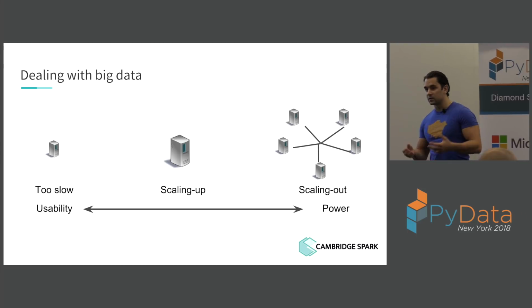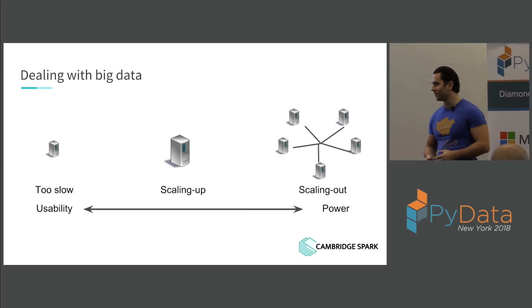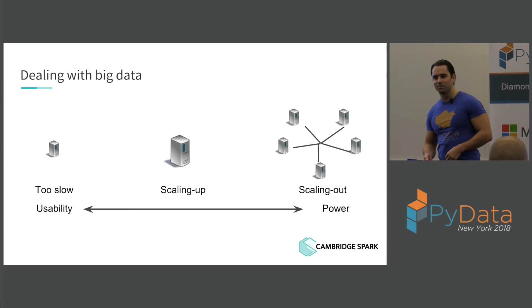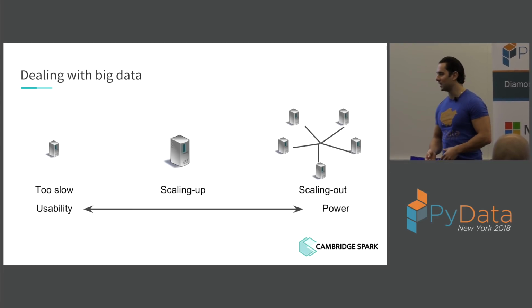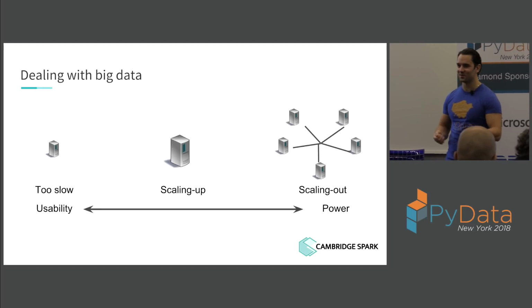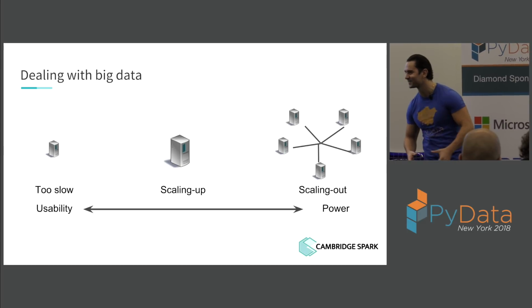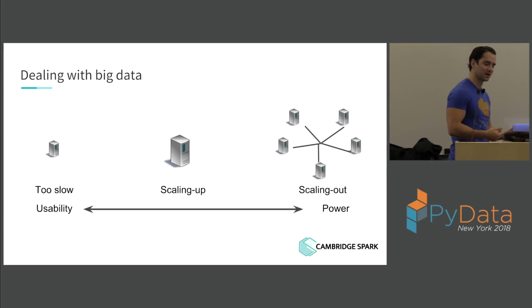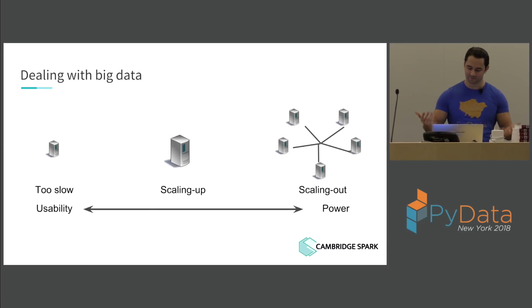However, it's a lot more complicated to deal with a lot of machines as opposed to one. So the classic business intuition, if you're managing a team, often it's easier to work on your own than with 10 people, right? Suddenly you have to coordinate who does what. You need to have your one-on-ones and whatnot, right? So that has a lot more overhead as well to solve a task. So that's the trade-off.